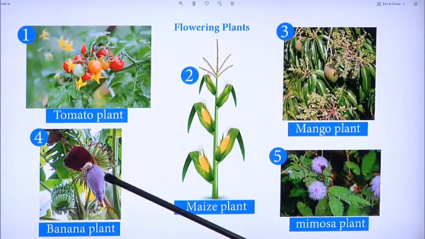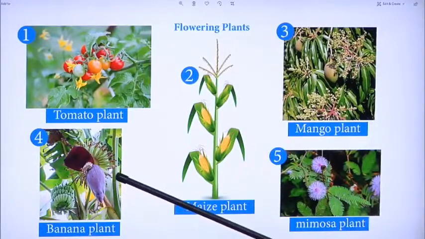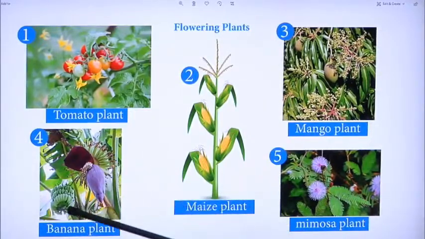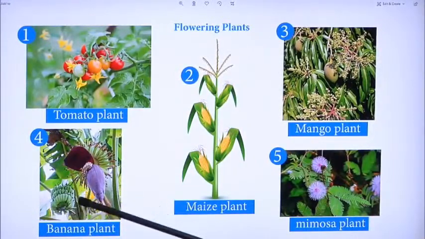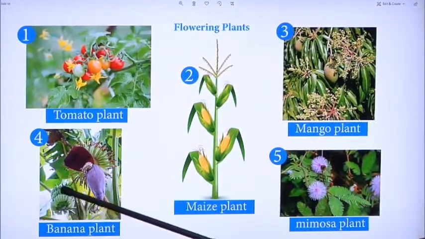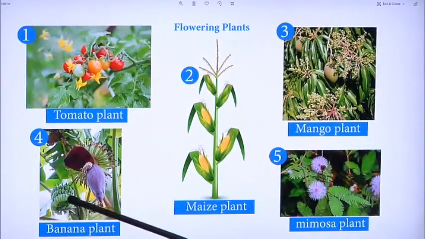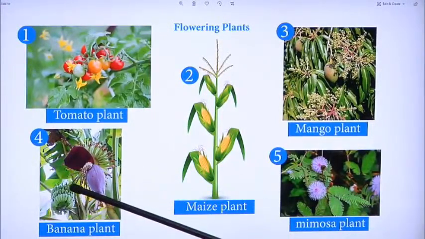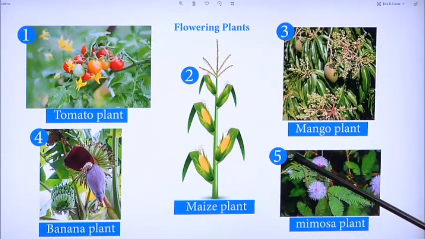When this flower matures well, we see this fruit. We call this bunch of banana. This fruit also can be eaten raw when it matures. When it matures, some are yellow, others too are green. Good. Now let's move to picture 5.